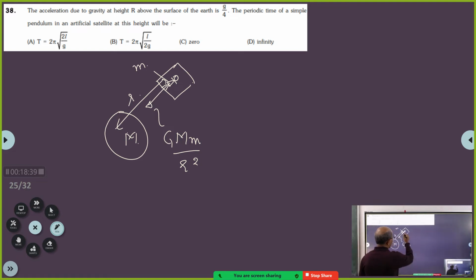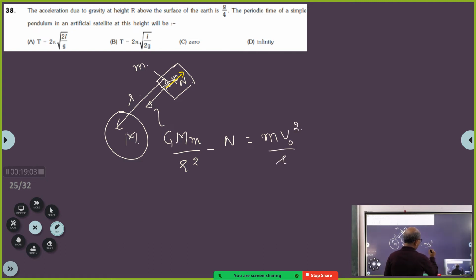This gravitational force is acting on him, and therefore there is also the normal force N acting on him like this. So GMm by r square minus N should be equal to the centripetal force. What will be the centripetal force? m v0 square by r.